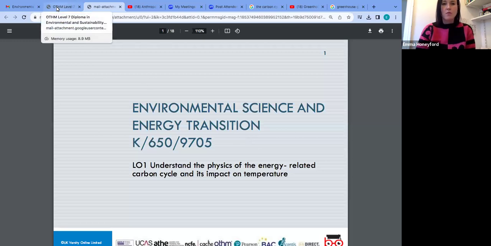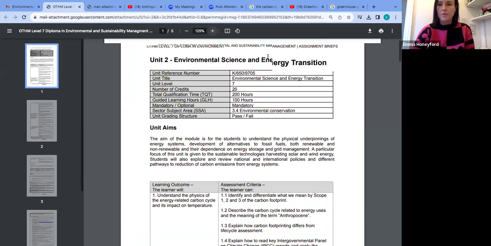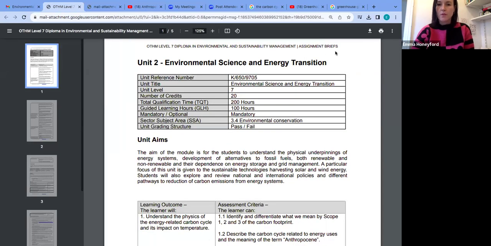I'm just going to go over the unit aims. So let's have a look. The aim of this module is for students to understand the physical underpinnings of energy systems, development of alternatives to fossil fuels, both renewable and non-renewable, and their dependence on energy storage and grid management.